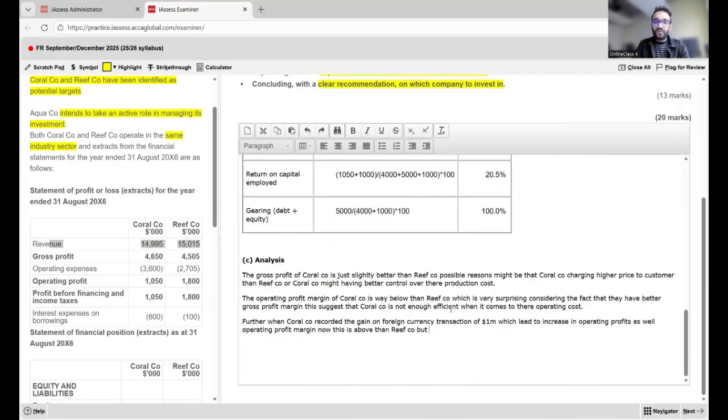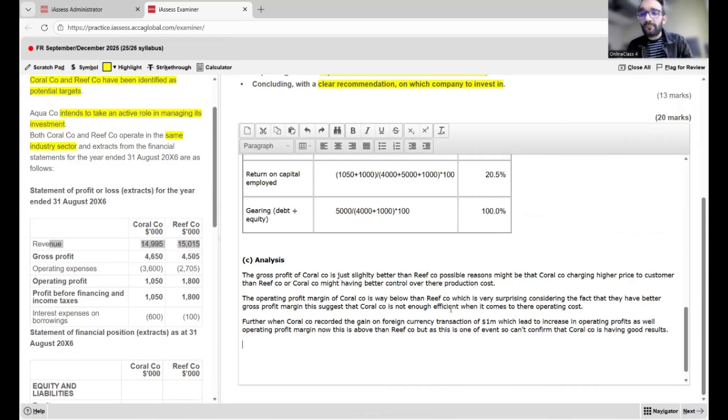But as this is a one-off event, we can't conclude, can't confirm that Coral company is having good results, right?